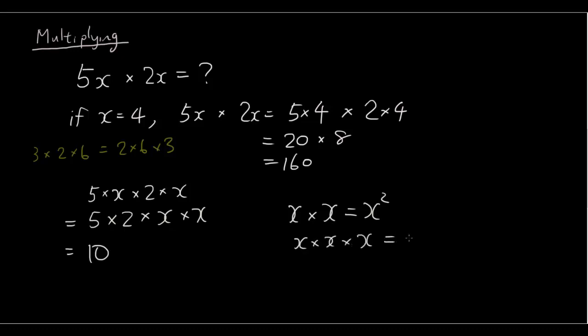The short way of writing that is x cubed. So therefore we have 10x squared. The answer here is 10x squared. 5x times 2x is 10x squared.